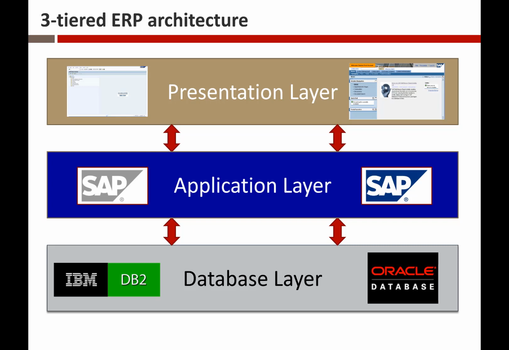The presentation layer will interact on the back end with the SAP application layer. And this application layer, application server, is where the core functionality of the business logic and how the system behaves is actually implemented. But the underlying persistence, the underlying storage, does not happen in the application layer.